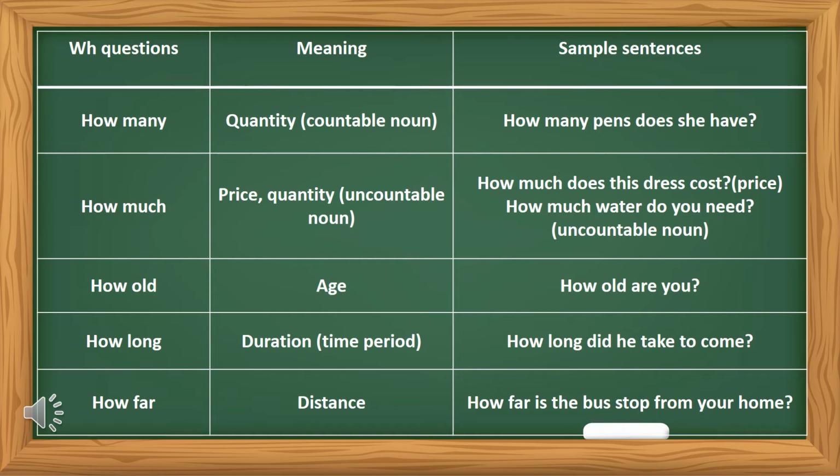It can be 1 kilometer far, or 2 kilometers far, or 5 minutes far. So whenever the statement indicates the amount of time and the distance from one place to another, then we have to use how far.